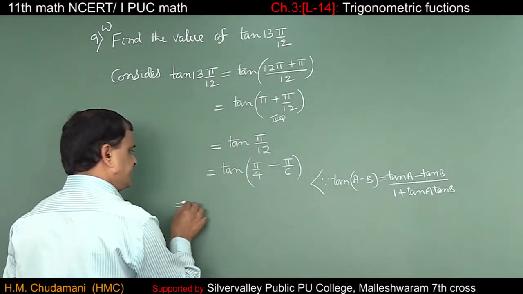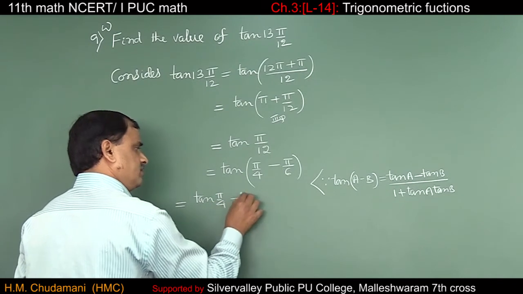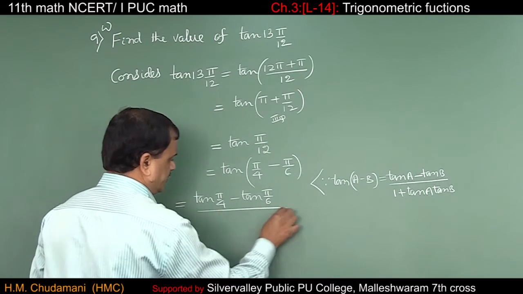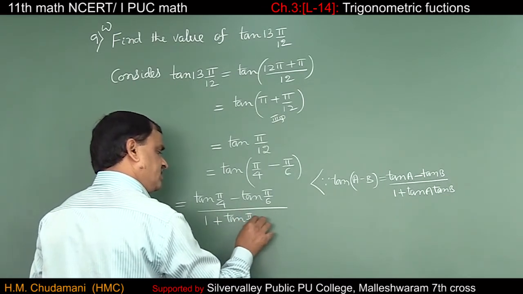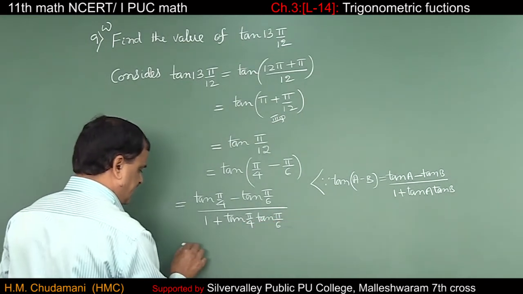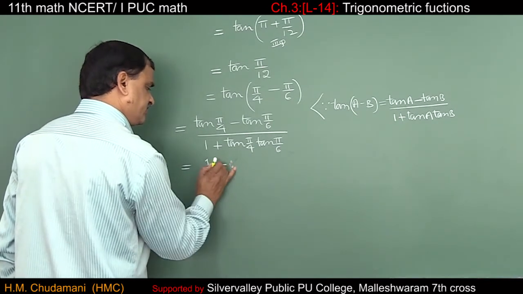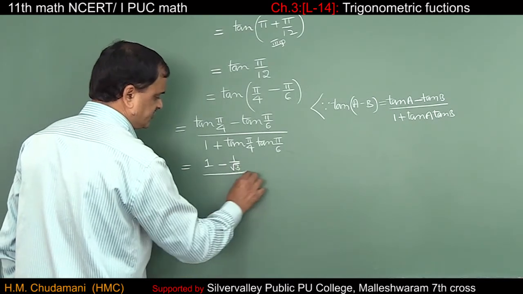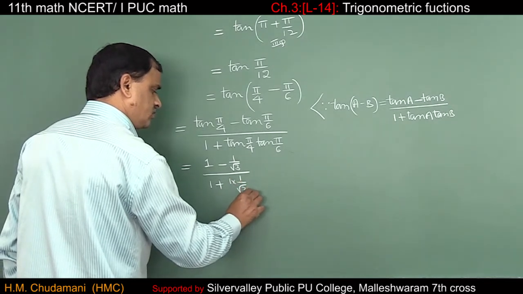So this is equal to tan pi by 4 minus tan pi by 6, whole divided by 1 plus tan pi by 4 into tan pi by 6. Tan 45 degrees is 1. Tan 30 degrees is 1 by root 3. Pi by 6 is 30 degrees. So 1 plus 1 into 1 by root 3.